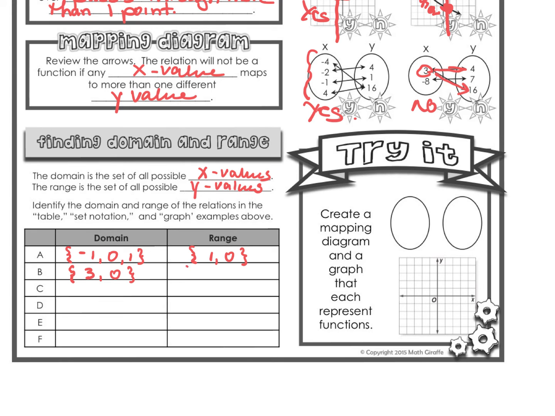Your range is -6, 1, and 6. In C, your domain is 3, 4, and 2. And your range is 3 and -1. In D, your domain is 1 and 0, and your range is 8, -2, and -3.